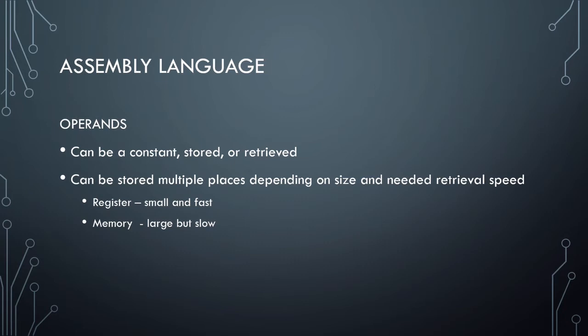So instead of a number 5, you could have a register or a memory location as your operand that is pulling the value there. So we can store them in different places. Again, registers are good for small pieces of information and we can retrieve them very fast. Memory is good for storing larger pieces of information, but the retrieval is slower from the memory.